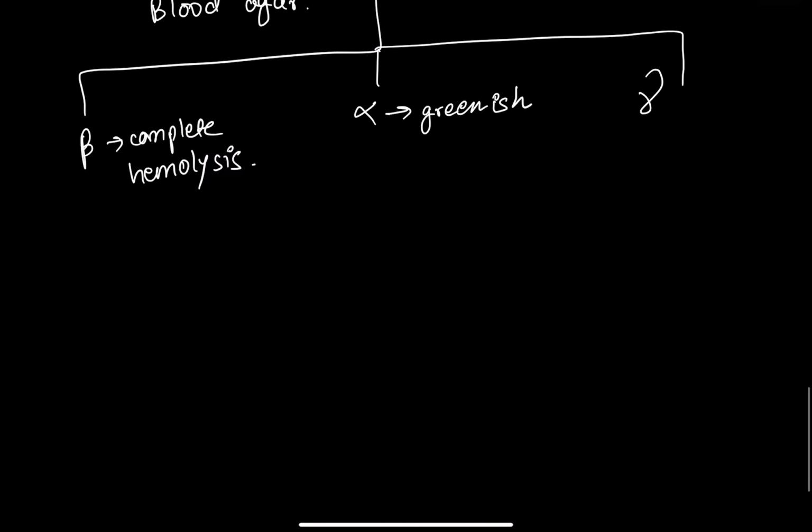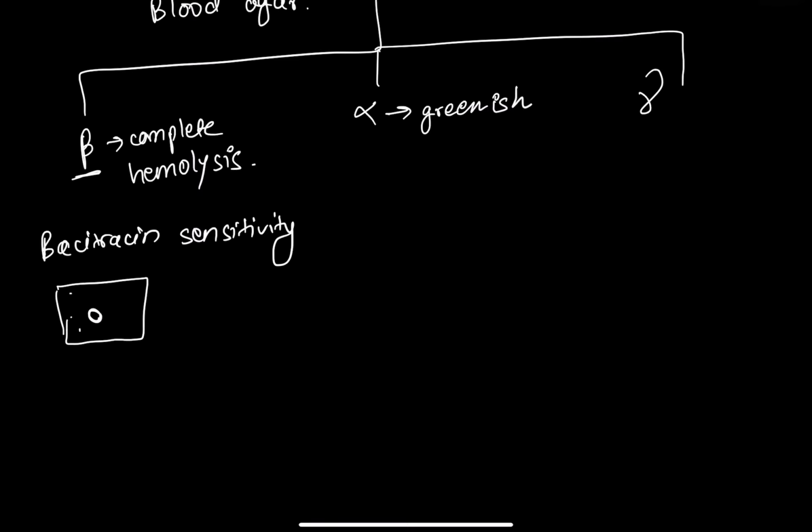So it's very easy to remember. Here is beta, so beta for B. So we will do the bacitracin sensitivity test. Like in the case of novobiocin, we will put a bacitracin disc over agar where there are bacteria.